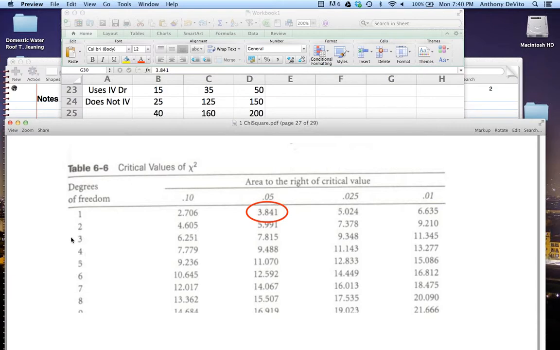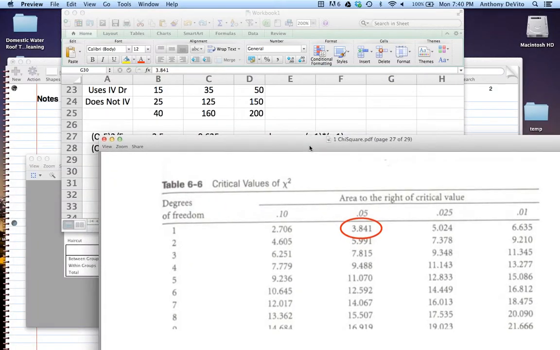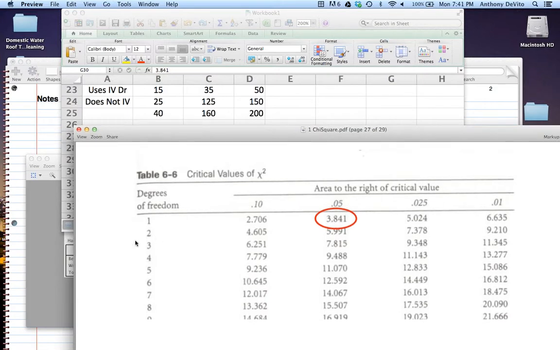Had this been a 2x3 table, that would have been 1 times 2, which is 2 degrees of freedom, and our critical value, even at 5%, would have been 5.9, and we wouldn't have rejected our null hypothesis. So it's not just a single curve, it's a curve for each degree of freedom. It's a different number that represents that 5% chance of being wrong. But I'm going to go back to that in a second.